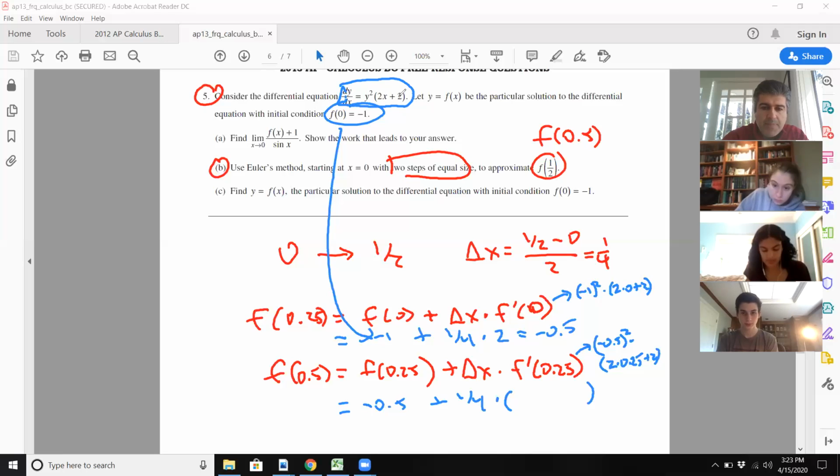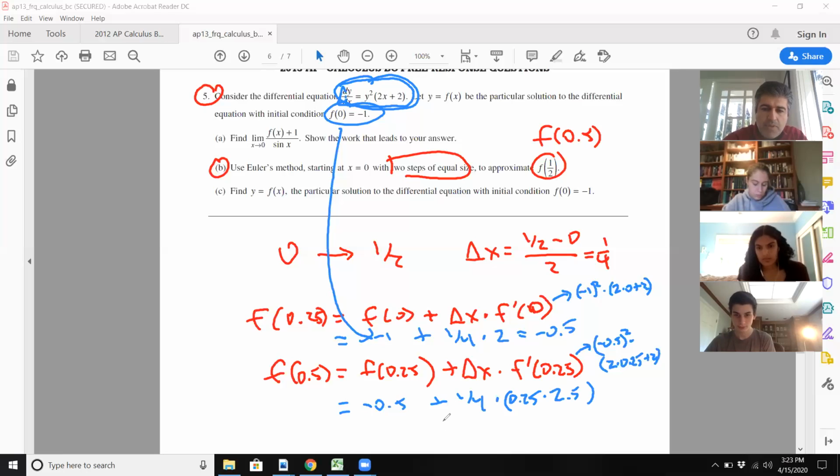Then you got to do it again. Remember, f of 0.25 is -0.5, so that's what we have over here, right? Delta x 1/4. And then this one's a doozy. F prime of 0.25, we're going to use this again for our derivative. So the y value at 0.25 was -0.5 as we established in the previous step. So you got to square that, so that's 0.25, times, and then you plug in 0.25 for x, that's 2x plus 2, that's going to be 2.5, I believe.